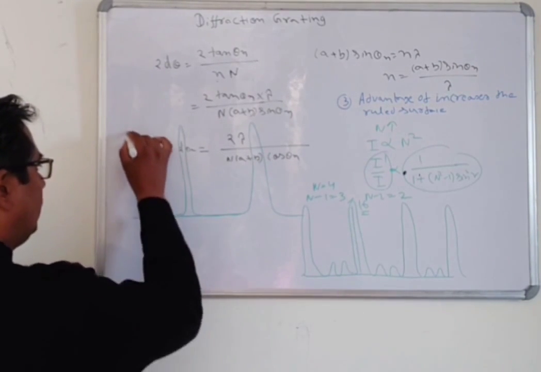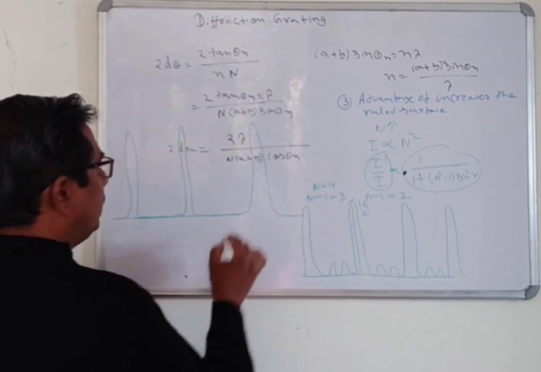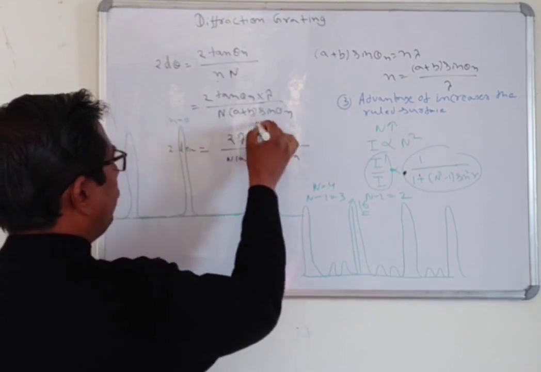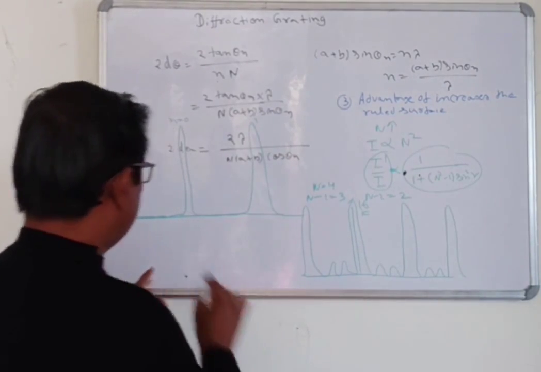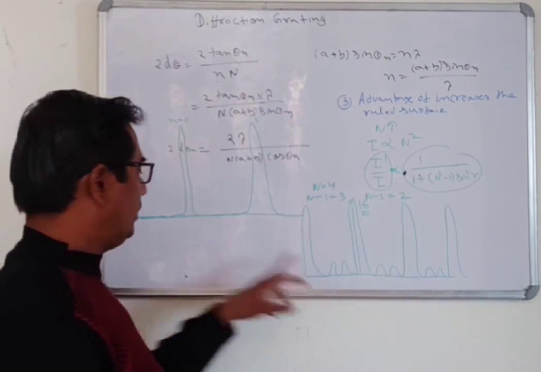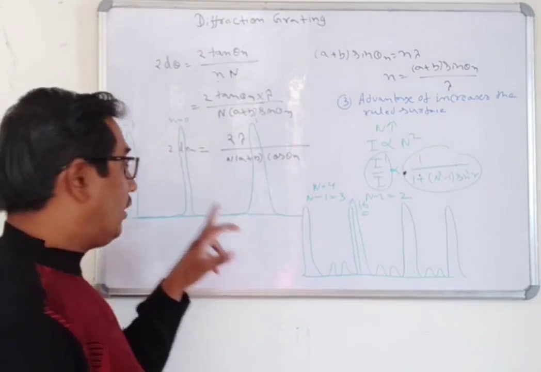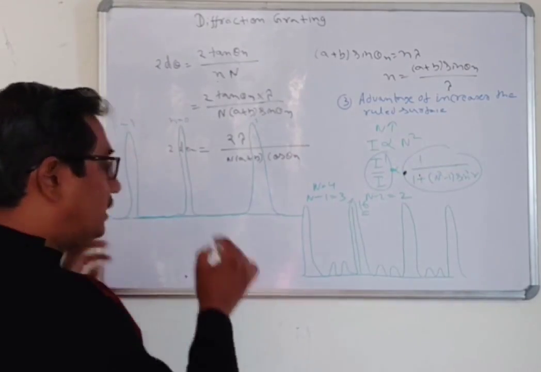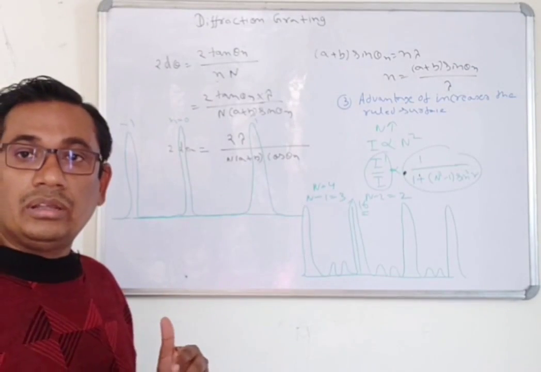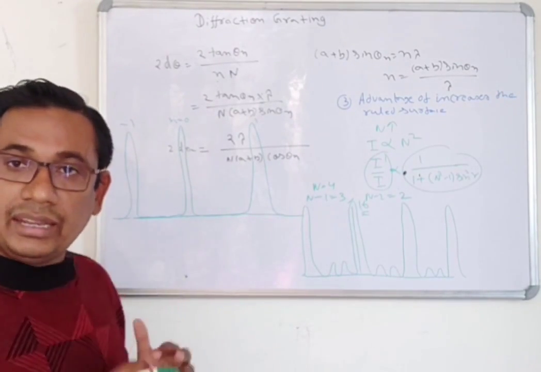Here n is equal to 0, n is equal to 1, here is minus 1. When N is very large, the secondary maxima disappear, and this type of spectrum we will get in a grating.